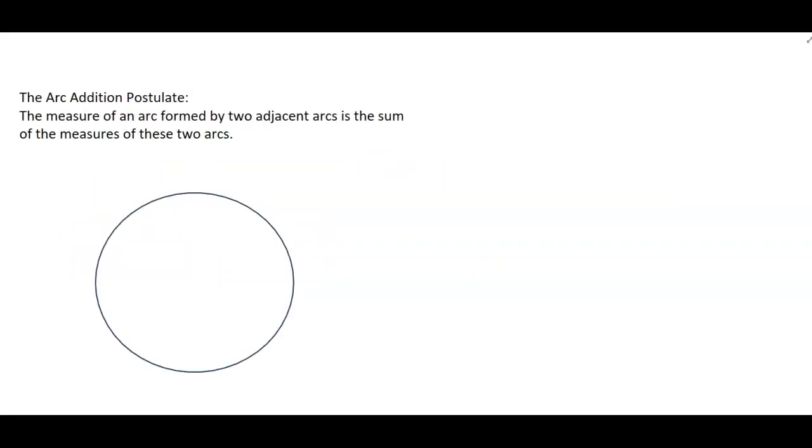Just like we have a segment addition postulate and an angle addition postulate, we also have an arc addition postulate. It works the same way as angle addition and segment addition.